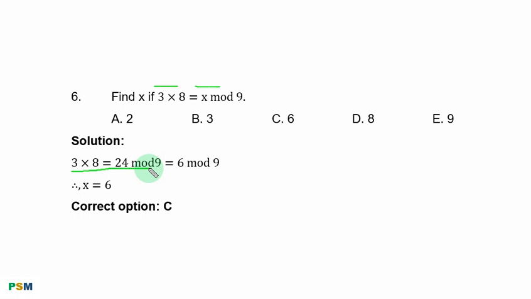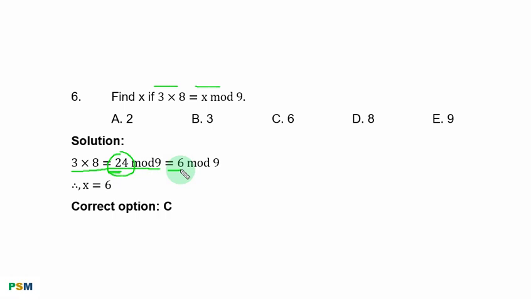So 24 is not an element in modulo 9. To get the equivalent of 24, you divide it by 9. When you do that, the remainder is 6.